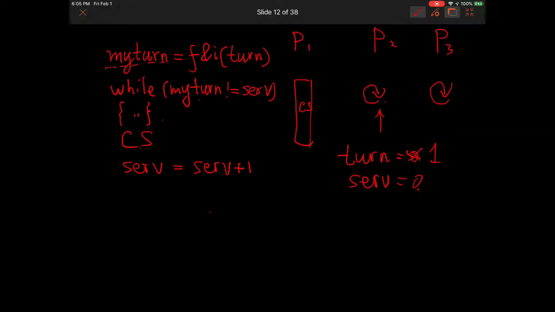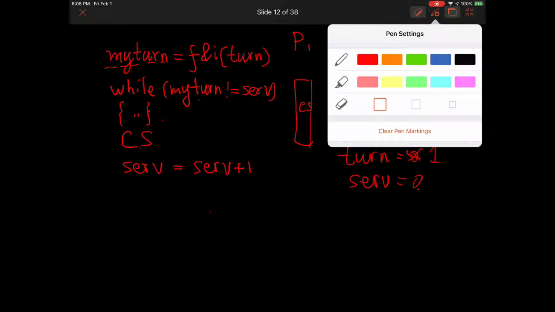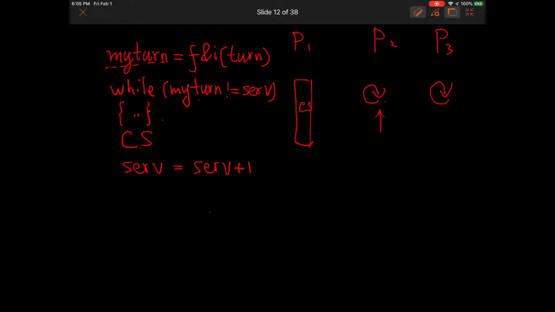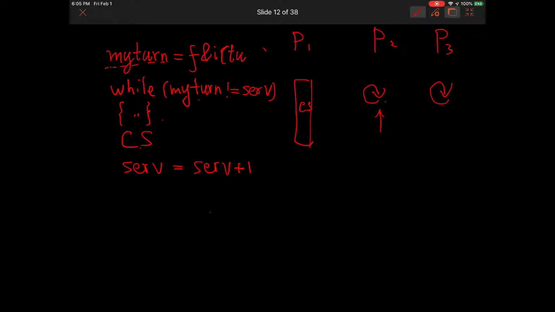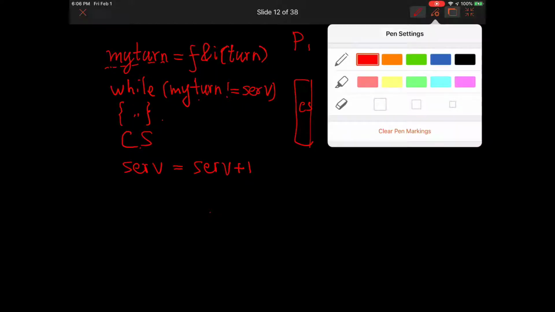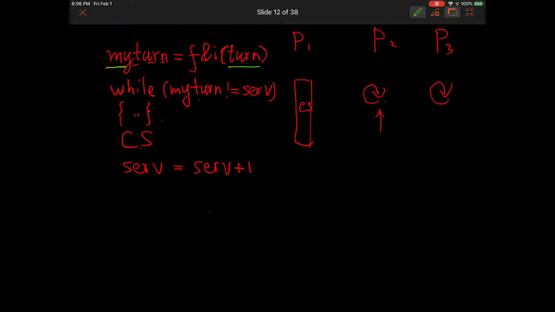So now what happens? Let's imagine the number of invalidations and all that kind of thing. Let's erase this. Turn is a variable, serve is a variable, but my turn is a local variable. It's a private variable that doesn't have to be shared by anybody.